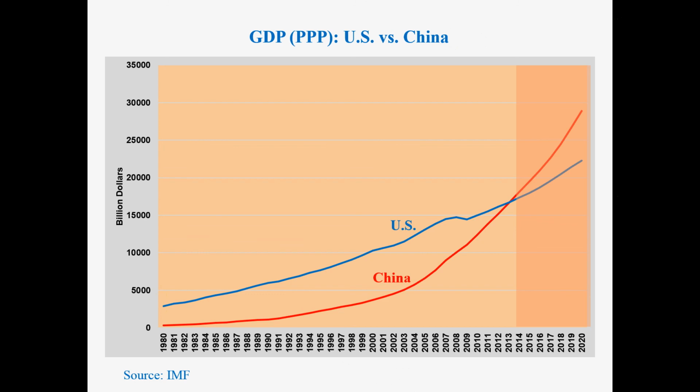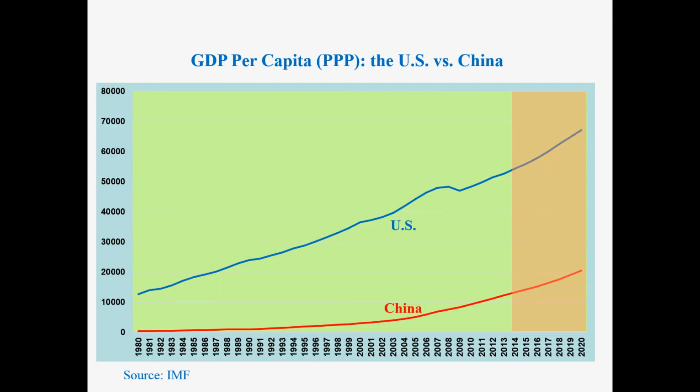But when you look at income at the per capita level, you can really see that China is way lower than the U.S. in per capita income. China is still a middle-income country, and the U.S. is a high-income country. So China still has a long way to go to catch up to the U.S. in terms of per capita income.